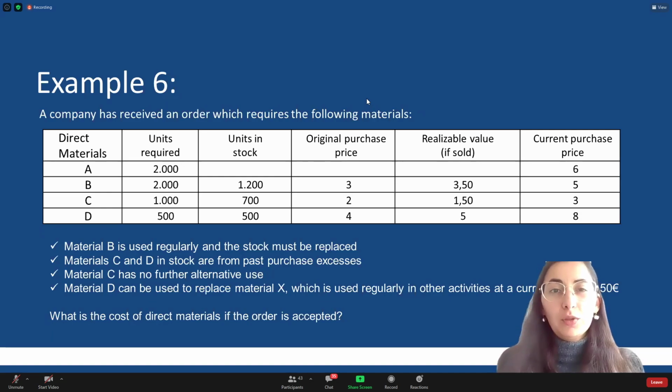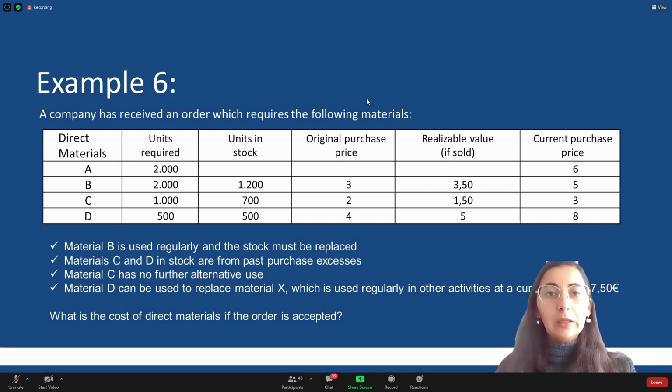We would prefer to sell and purchase material X at $7.50. Okay, but in this specific example, remember the definition of opportunity cost is the best alternative given up.